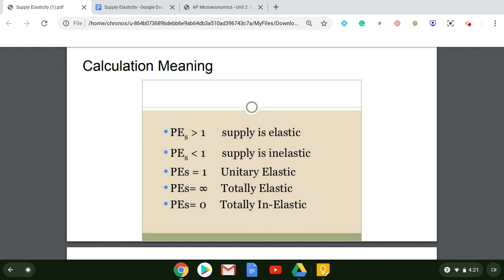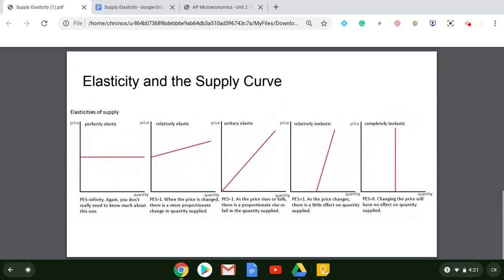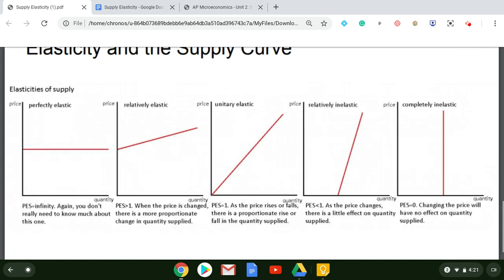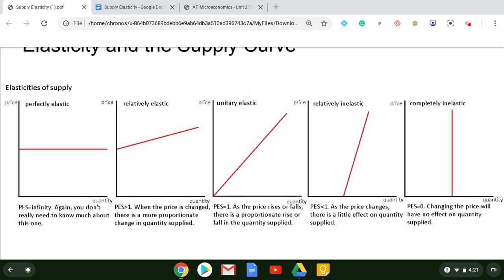Much like price elasticity of demand, the graphs are similar. If you have a horizontal supply curve, it's perfectly elastic. If you have a supply curve that is pretty flat but upward sloping, it's relatively elastic. It's not perfectly elastic.